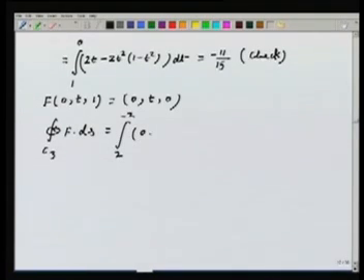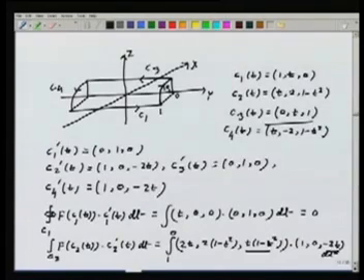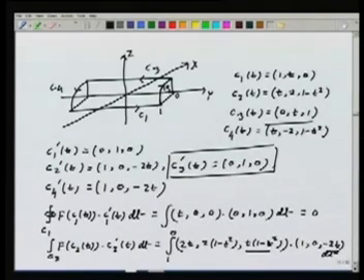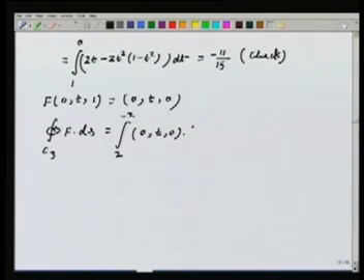F of C(t) is (0, t, 0) dot, now I need C3 prime t, which is (0, 1, 0), then dt. So this is the integral from 2 to minus 2 of t dt.